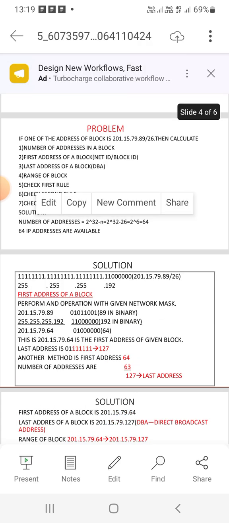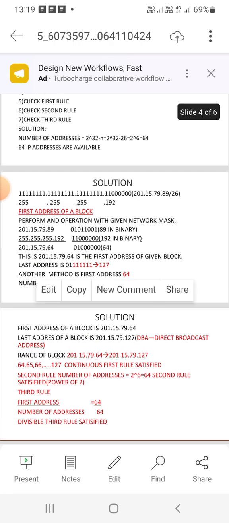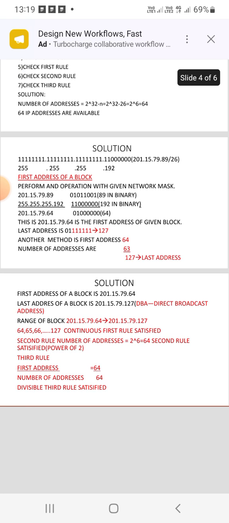This is the last address, also called the direct broadcast address. So the first address of the block is 201.15.79.64 and the last address is 201.15.79.127. The range of the block is 201.15.79.64 to 201.15.79.127, continuing 64, 65 and so on up to 127.